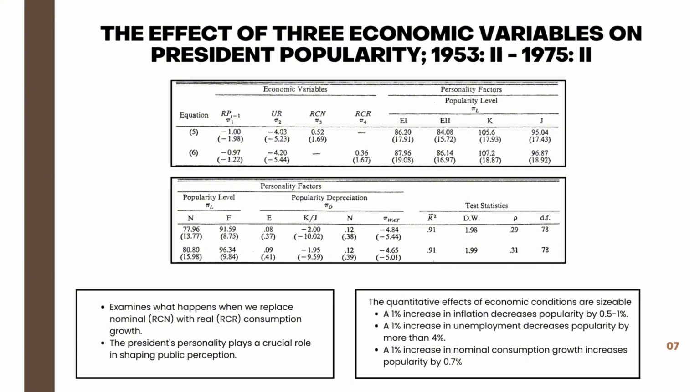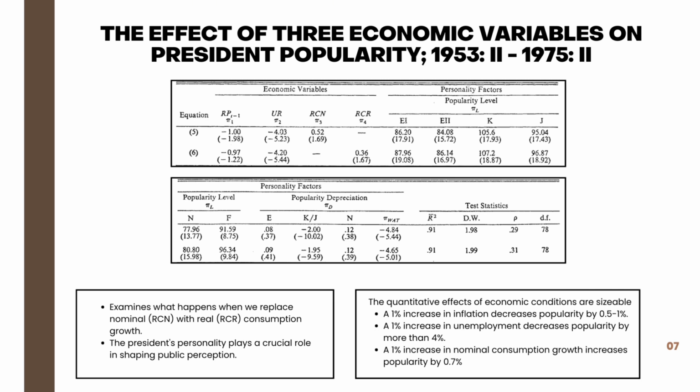However, personality factors like Kennedy and Johnson's and Watergate depreciation variables remain highly significant when we use real consumption growth instead of nominal consumption. There is minimal change in other coefficients, and nominal consumption is likely preferred. This suggests a potential money illusion, where higher prices due to inflation are mistakenly seen as indicators of better quality.